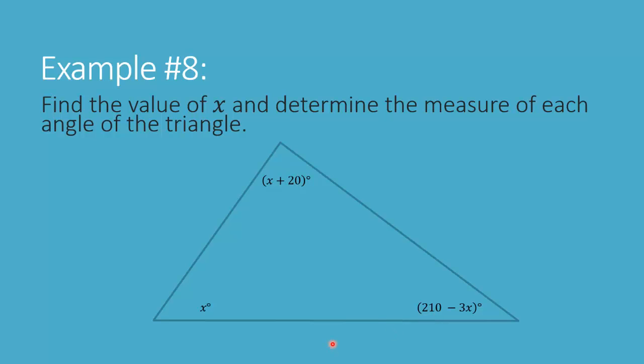So what you should remember from your geometry classes is, of course, the properties of triangles. The sum of all of its angles must be 180. So we're just going to add all the angles together and set it equal to 180.